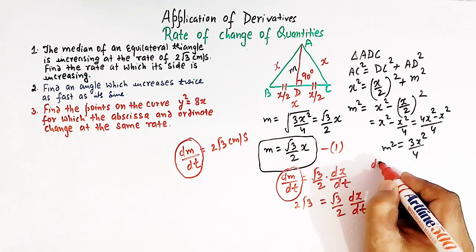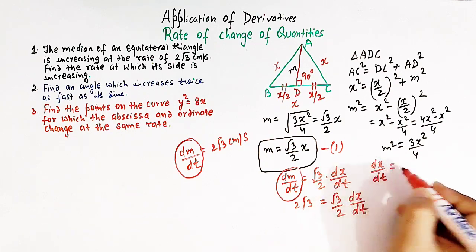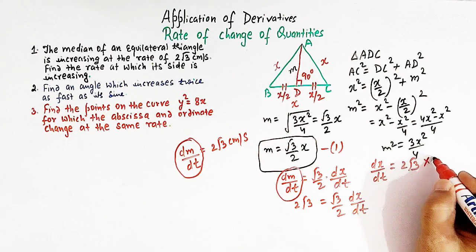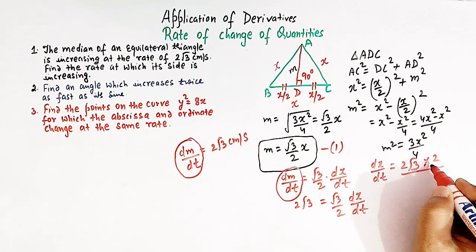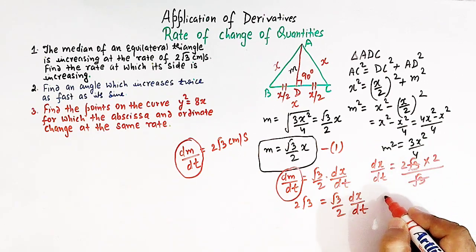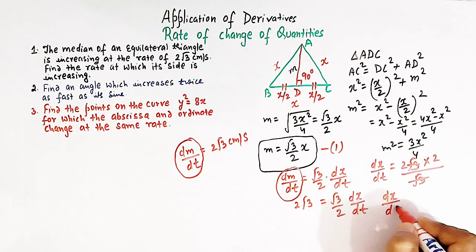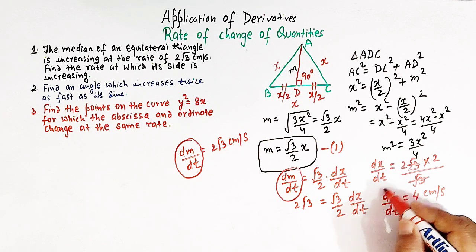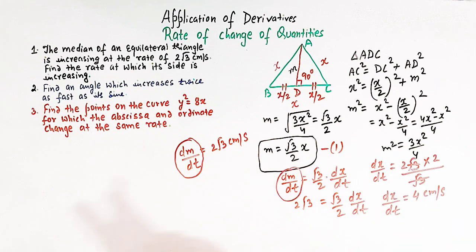Now dx over dt can be written as 2 root 3, taking this 2 to this side, multiplying it, 2 root 3 multiplied by 2 divided by root 3. So root 3 and root 3 get cancelled. So we have dx over dt is equal to 4, and the units are centimeter per second, right? So dx over dt represents the rate of change of the length of the side of the equilateral triangle with respect to t, right?